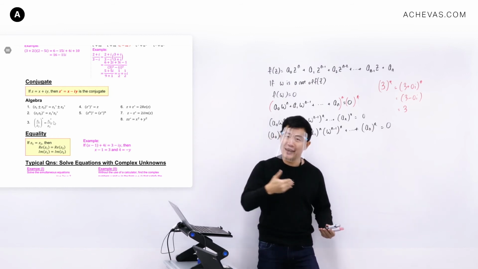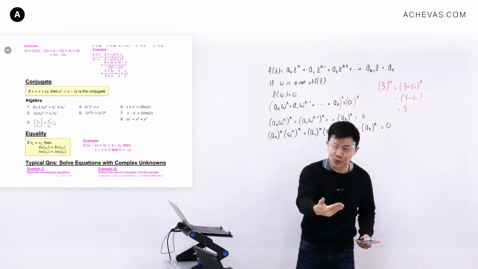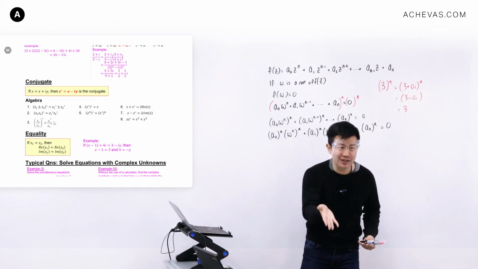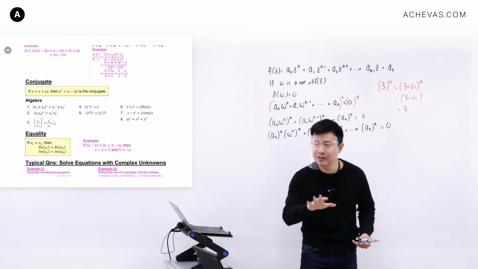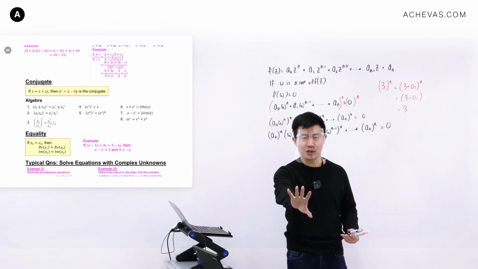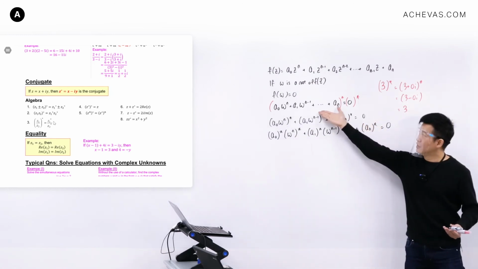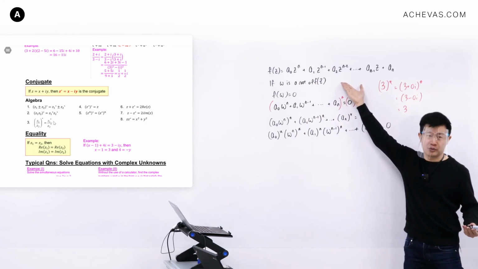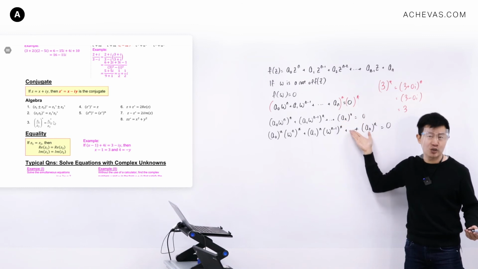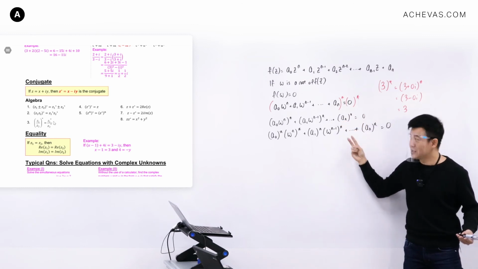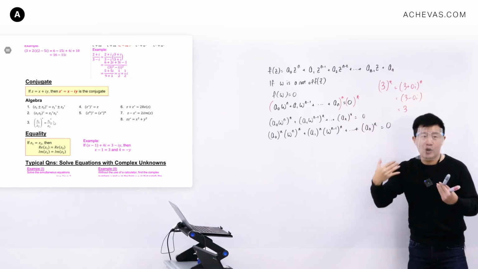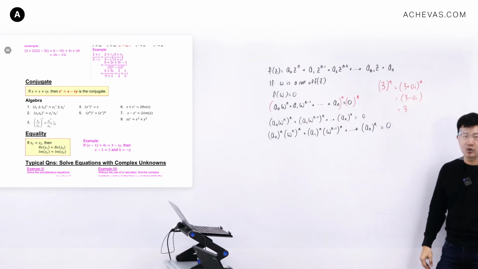Like what I was saying just now, for any unknowns that are given to you, starting from this topic, you can no longer take it for granted that it is always going to be real numbers. Like what Thomas has just mentioned, it is actually possible. I define this as a polynomial. I didn't say that this polynomial has real coefficients, which means that the coefficients could have been complex numbers. That is why I continue to write an conjugate as an conjugate.